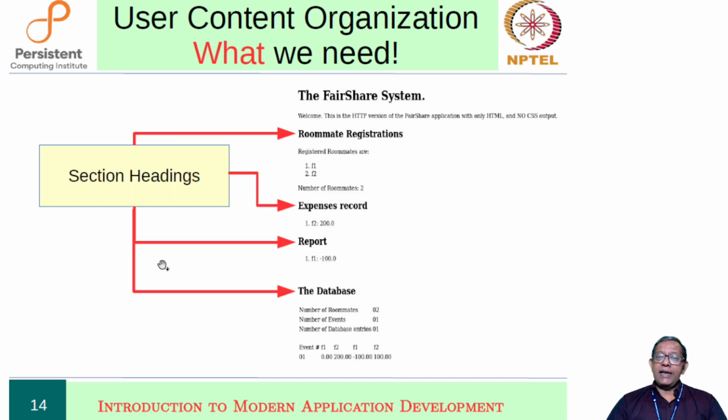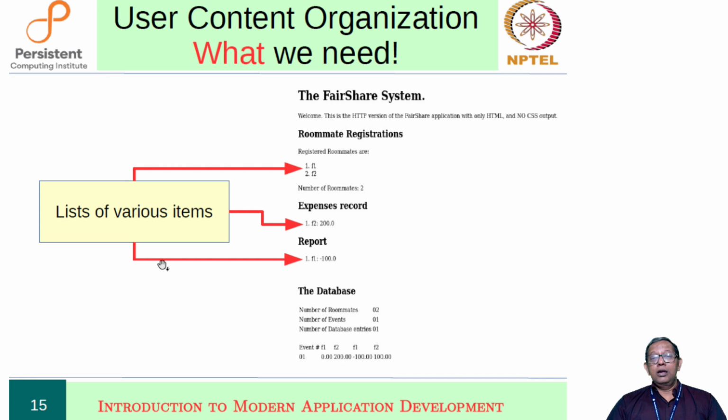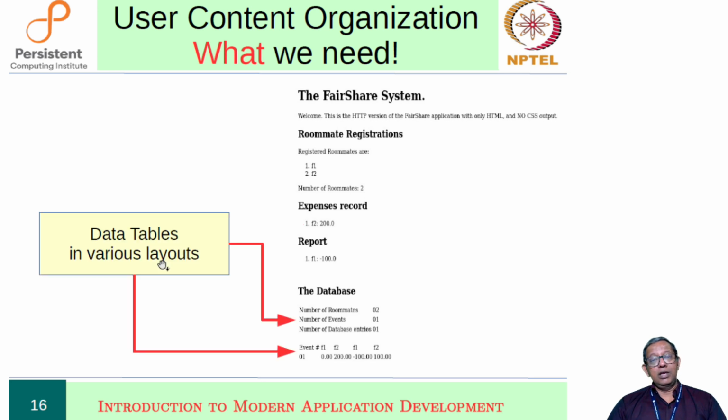There would be section headings to separate out individual pieces of information. The pieces of information themselves could be lists of various items. They could also be tables of information.